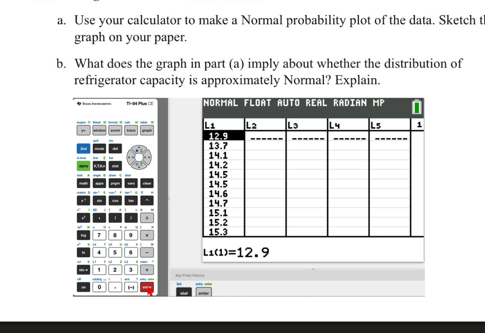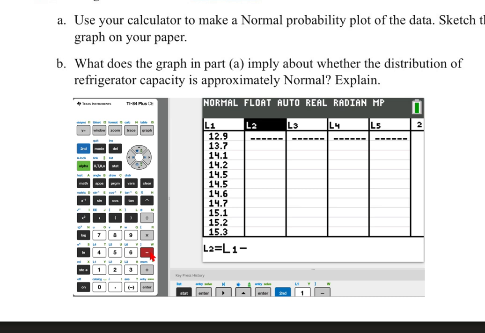Remember, the first thing to do is subtract the mean from every value. The way to do that is to go over to L2, highlight L2, and hit enter. Then we want to take all those values from L1, so second, L1, and then subtract the mean.